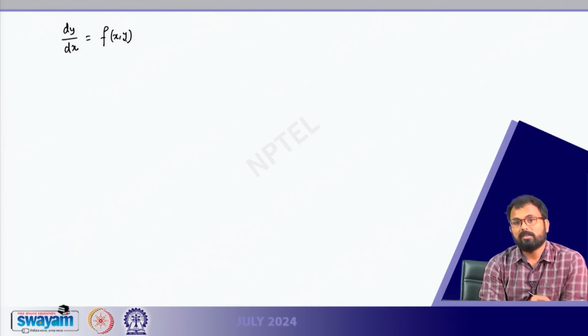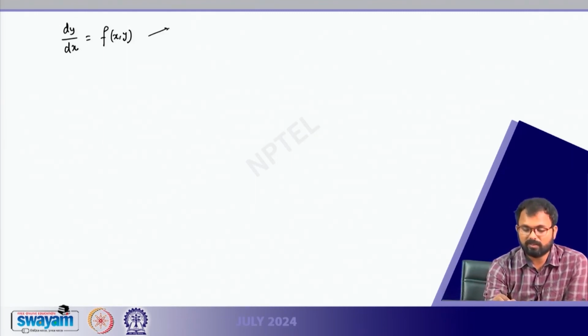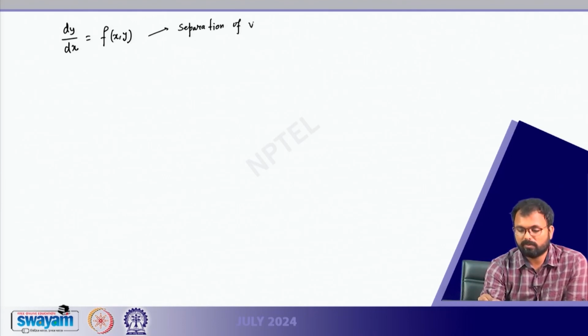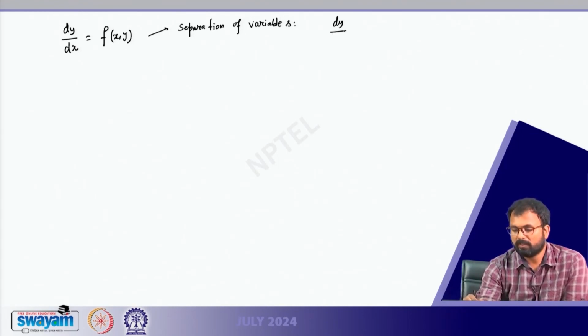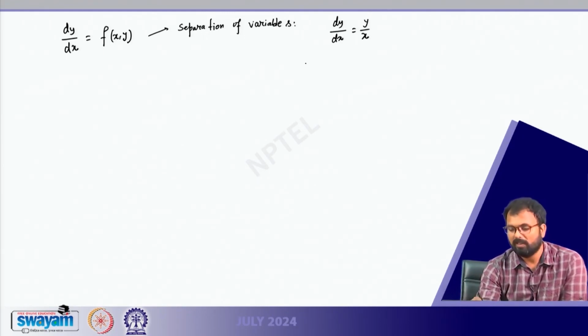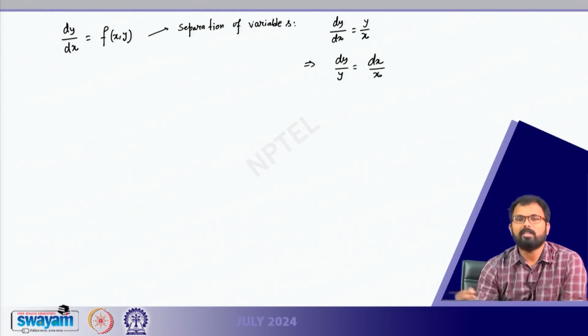So the very first method that we used to solve it is the separation of variables, which means that if you have dy/dx equals y by x, it is very simple, right? You can write it as dy by y equals dx by x, and then you integrate both sides.